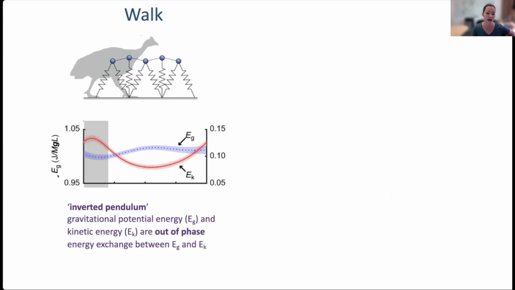And so we can look at the mechanical energy fluctuations of the center of mass during that stance phase. It would look something like this graph here. This is from real guinea fowl data, where we're plotting, in this case, the gravitational potential energy in blue and the dashed line, and the kinetic energy of the center of mass in red, and they are alternating out of phase.